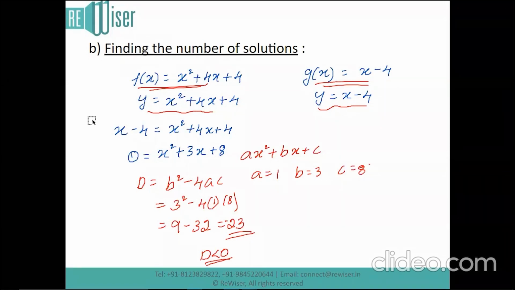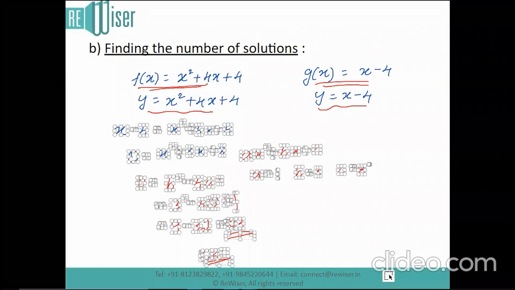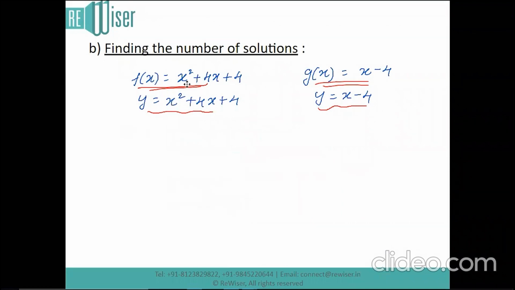Let's take another example and alter a few things. This time I have a negative x square. When I equate both, x minus 4 equals negative x square plus 4x plus 4. Taking all terms to one side, it is negative x square plus 3x plus 8 equals 0.